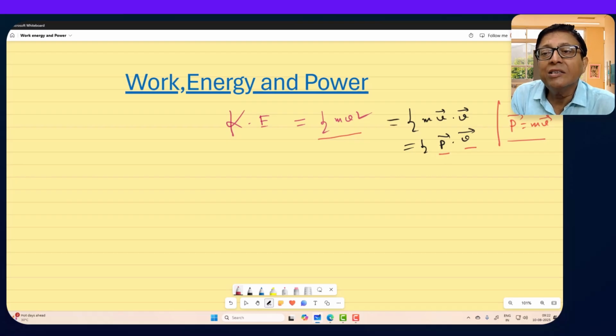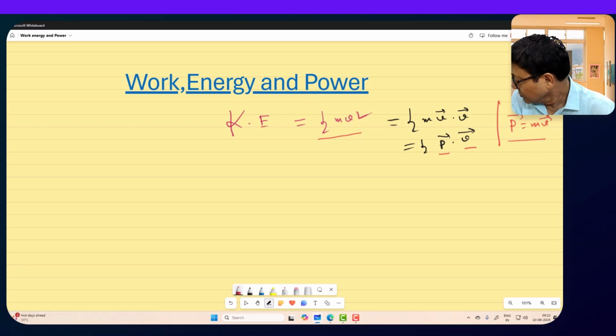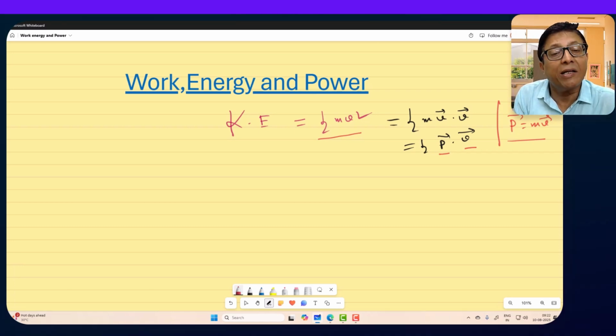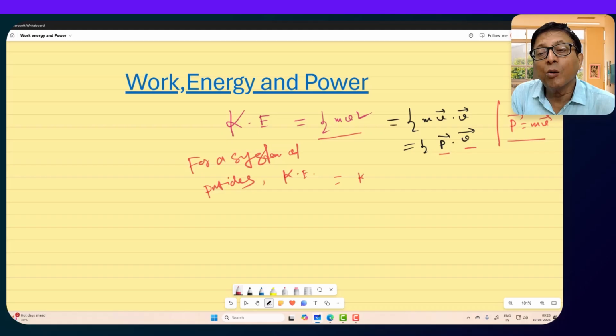So kinetic energy we can express in this manner also. But this is for a single particle. For a system of particles, what is the kinetic energy? For a system of particles, kinetic energy will be the kinetic energy of particle 1 plus the kinetic energy of particle 2.